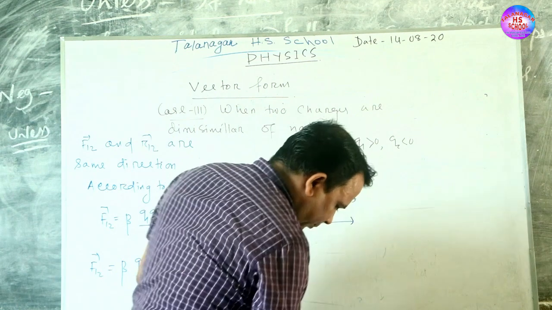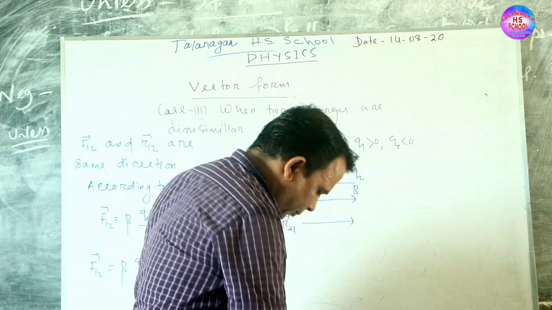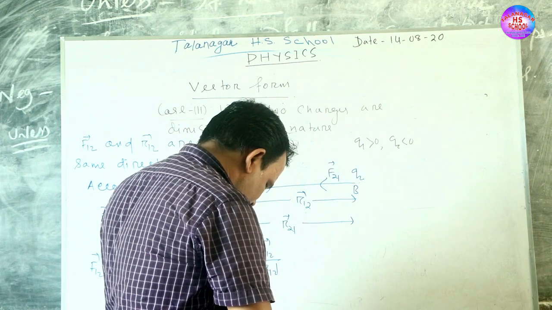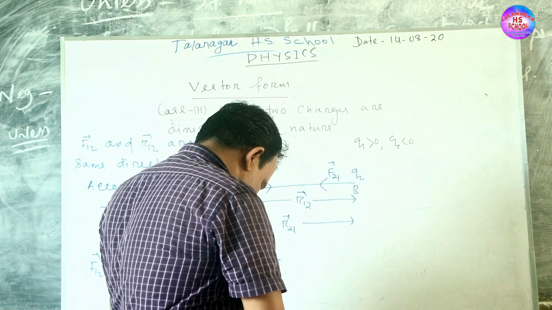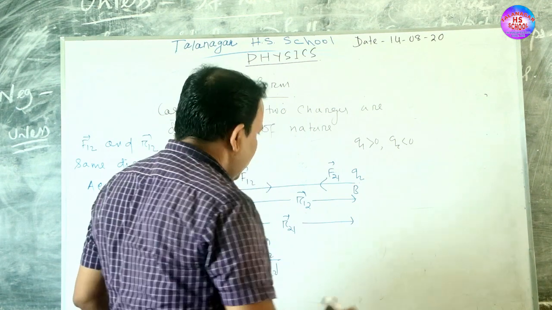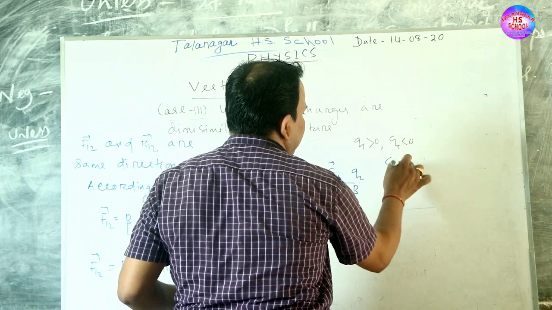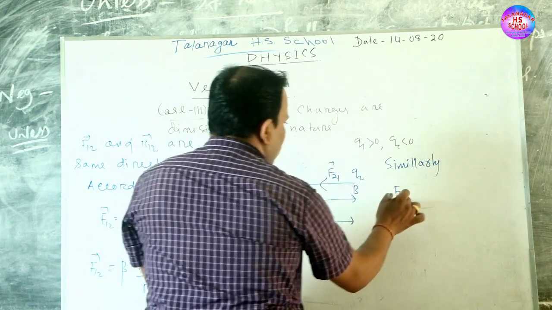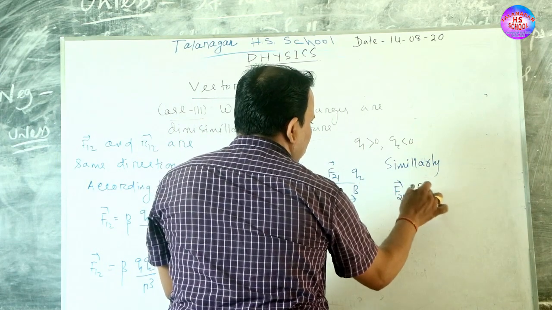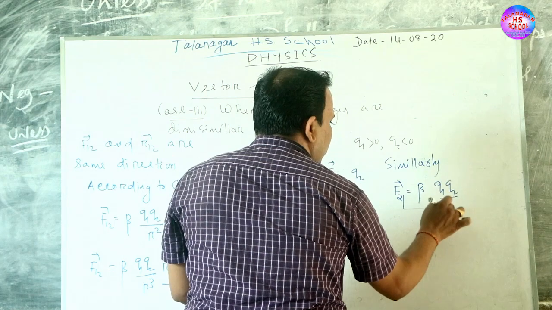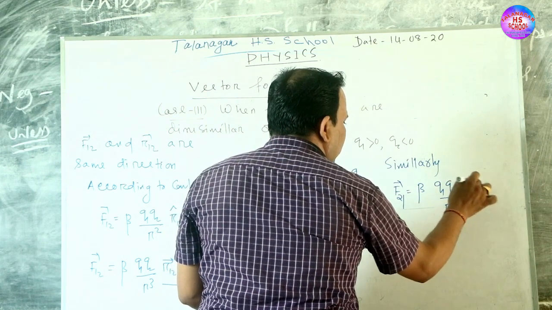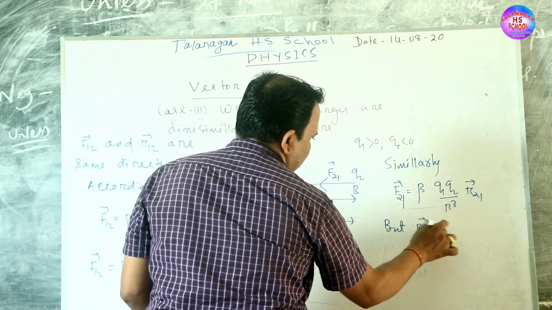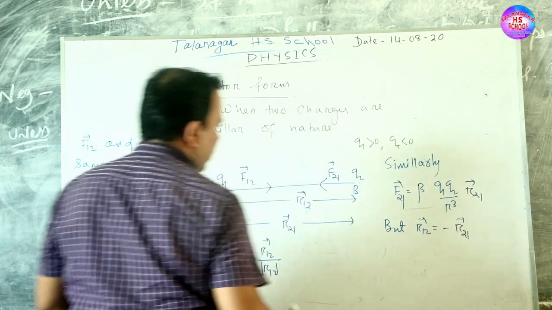Similarly, F21 is equal to beta Q1 Q2 by r cube into R21 vector, but the R12 displacement is the negative of R21.